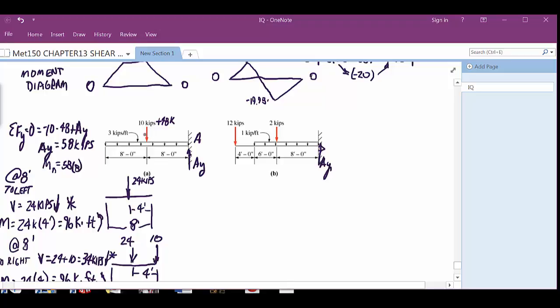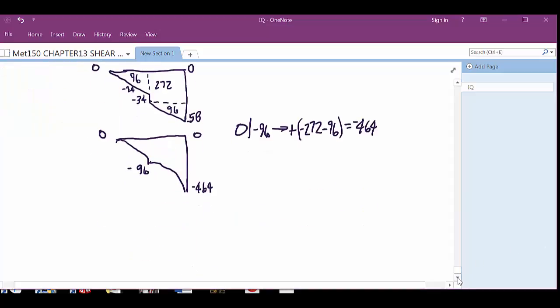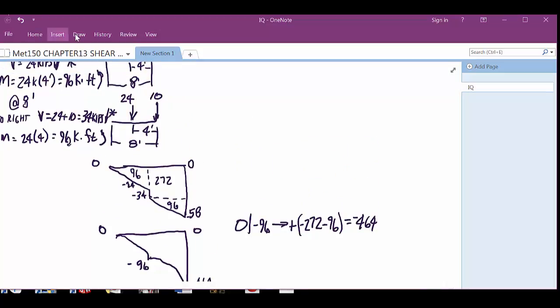That's this total right here, times 8. Multiply that out, it's 464. Which just so happens to be what we got there. So it's a way to check to make sure you got what you need. So the shear diagram helps you find this moment diagram, which also tells you if your moment is right at the top, or if this is right at the bottom, however you want to look at it. Let's see, I gotta get rid of this though, don't I?